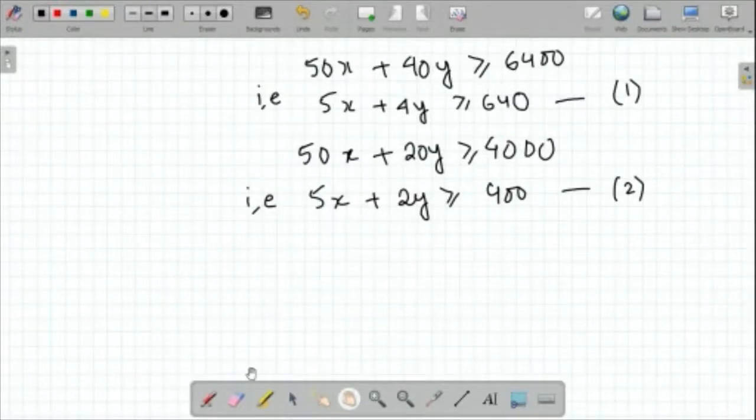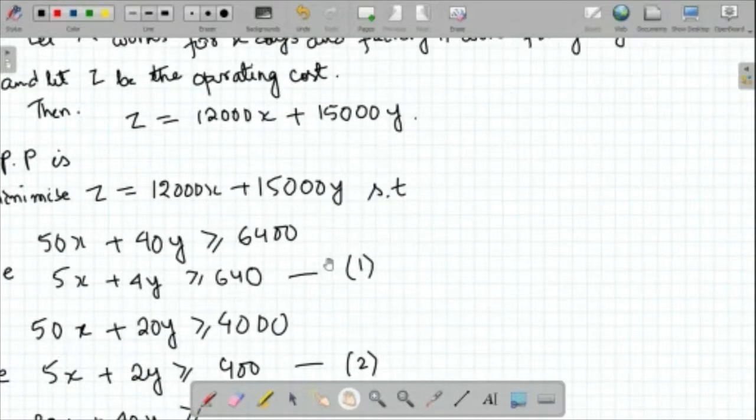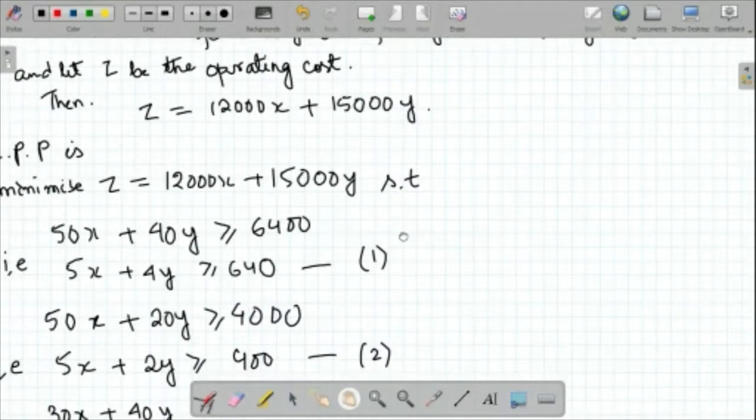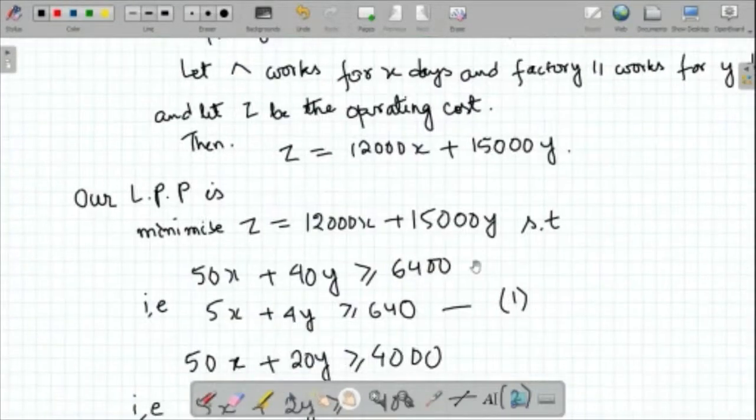So 30x plus 40 times of y should be greater than or equal to the minimum value, which is 4,800.